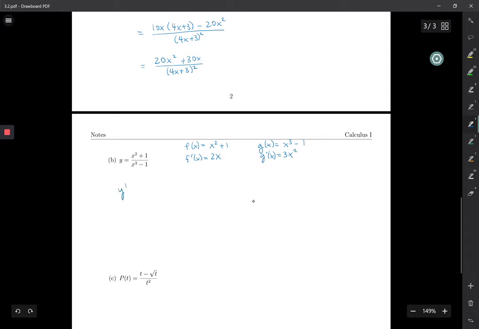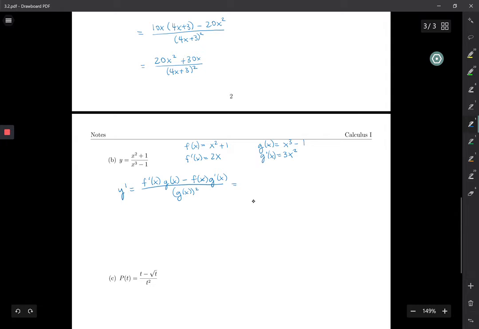And so y prime is going to be, maybe just for reference, I'll write down the formula for the quotient rule. So we start with f prime times g, then we get f times g prime over g of x squared, right?